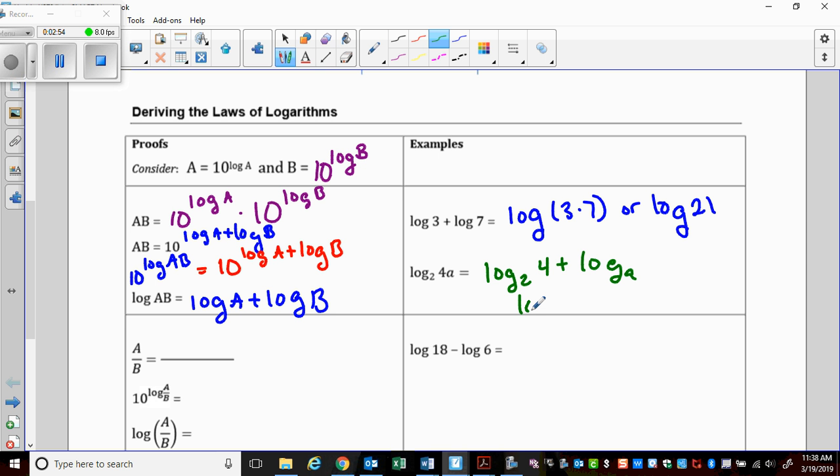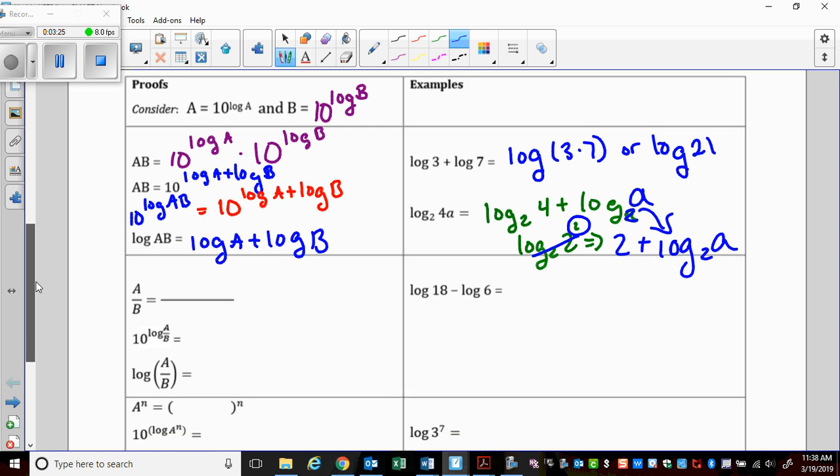This is log base 2 of 2 squared, because 2 squared is 4. And these will cancel, and then you'll just get this exponent right here, 2. Plus, I can't simplify this, so we're going to bring it down, log base 2 of A. Oh, sorry guys. This is log of A.